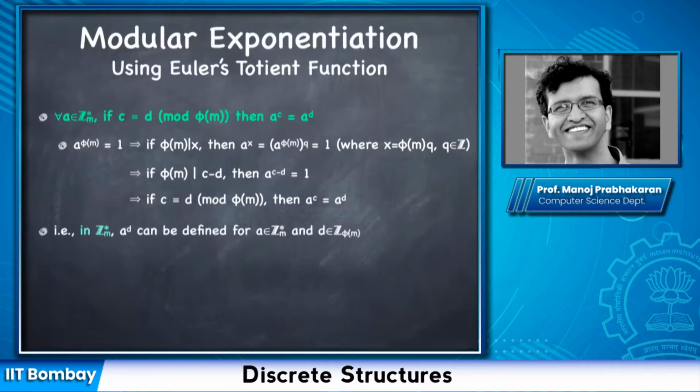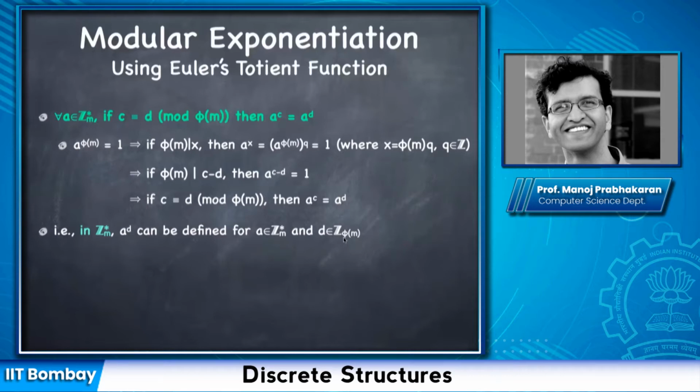So another way to state that is we don't really need c and d to be integers. We just need to know what their congruence class is modulo phi m. That completely determines a to the power c, or a to the power d. We might as well think of the exponent d as an element in Z phi m rather than Z itself.